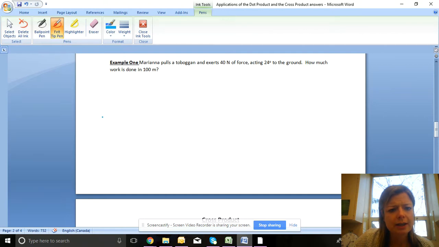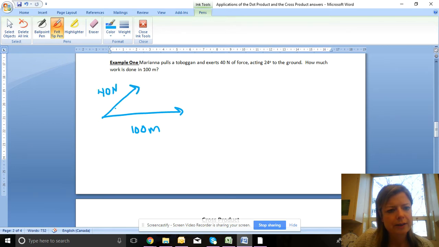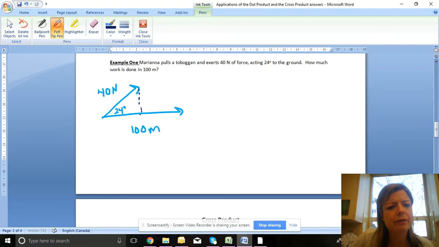How much work is done in 100 meters? So here she's going for 100 meters, but she's pulling it. Here's her actual force, and this is 24 degrees. So the work done is going to be the product of this horizontal component times the 100 meters.